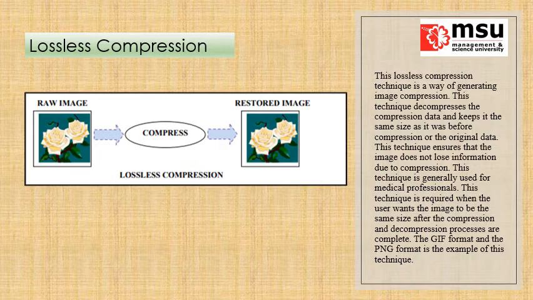This technique is generally used for medical professionals. This technique is required when the user wants the image to be the same size after the compression and decompression processes are complete. The GIF format and the PNG format are examples of this technique.